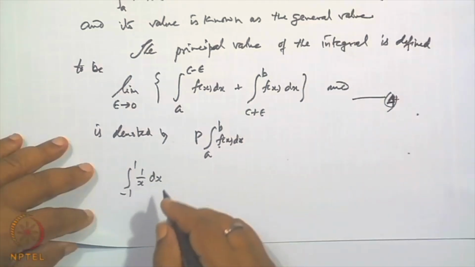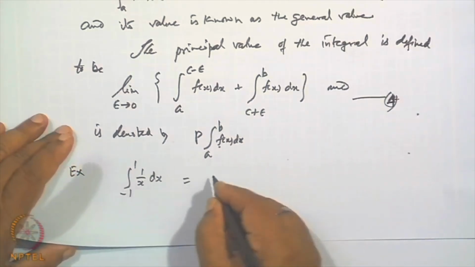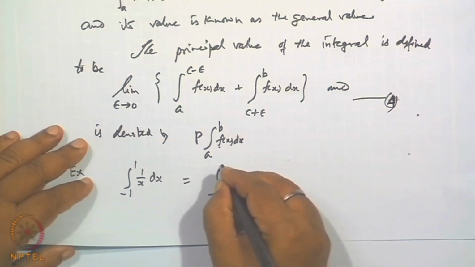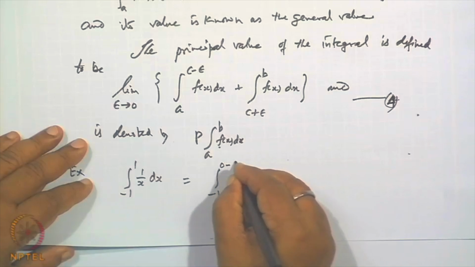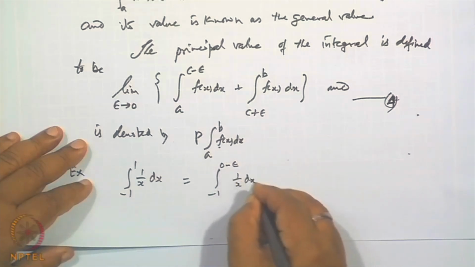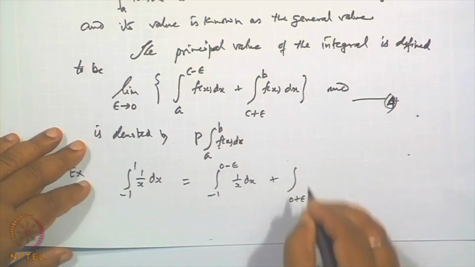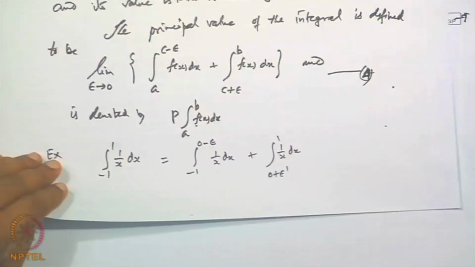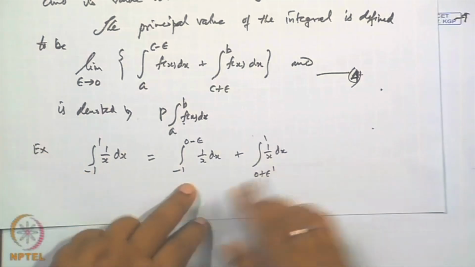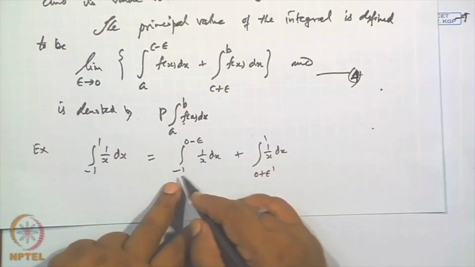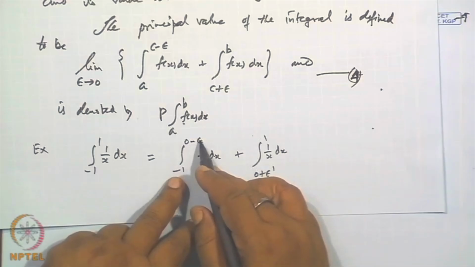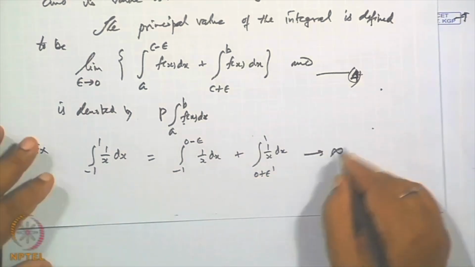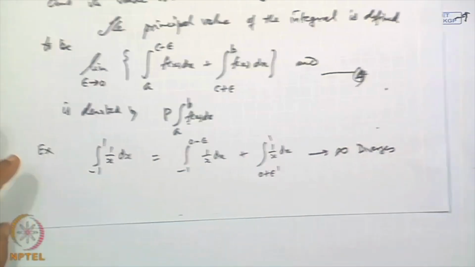Therefore, we can calculate the value of the integral as the integral from minus 1 to 0 minus epsilon of 1 by x dx plus the integral from 0 plus epsilon dash to 1 of 1 by x dx. When you compute this, it is log x, and log of x at the point 1 is 0, but when epsilon tends to 0 it goes to infinity minus infinity, so this diverges. The limit does not exist.